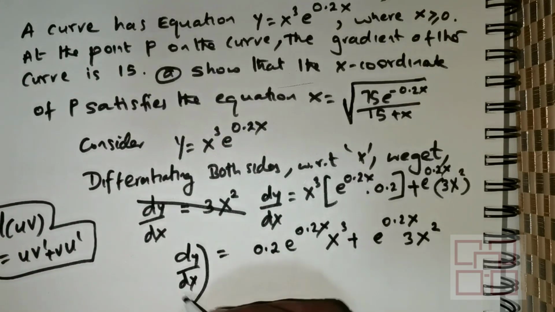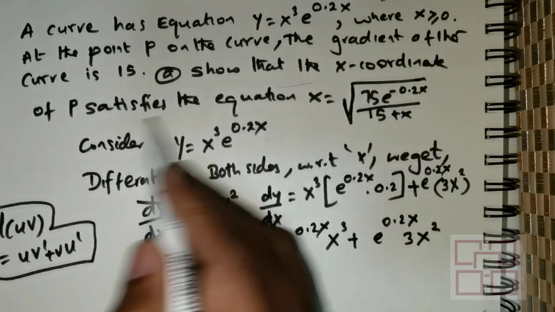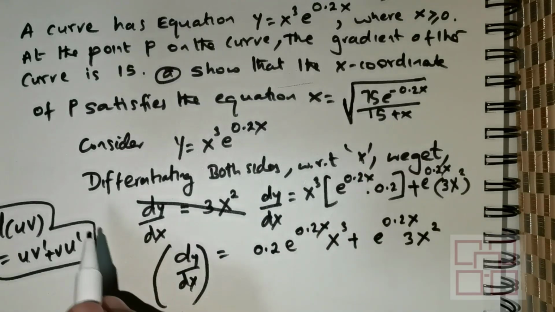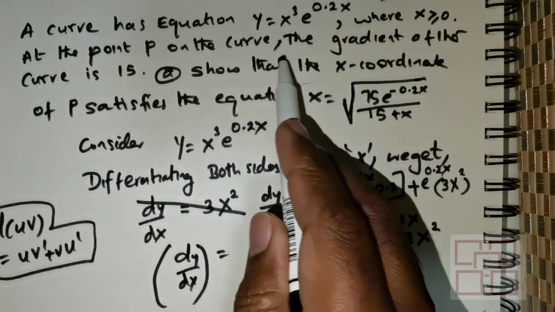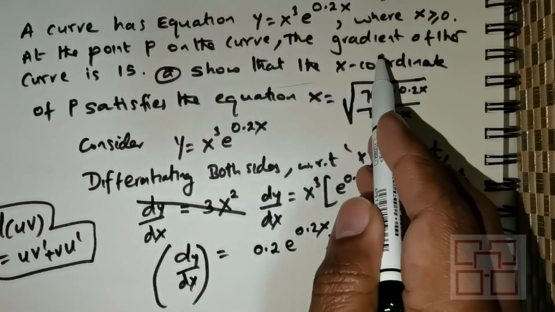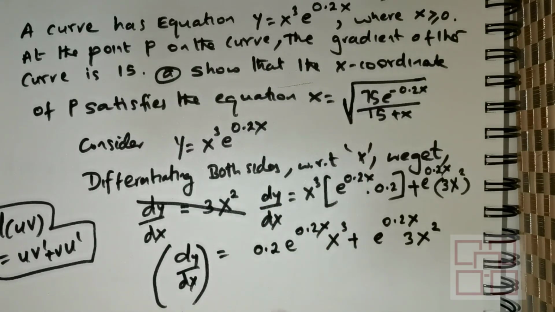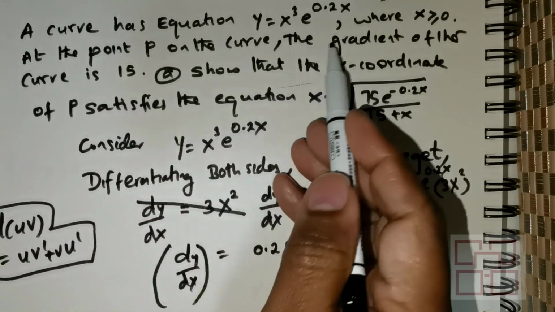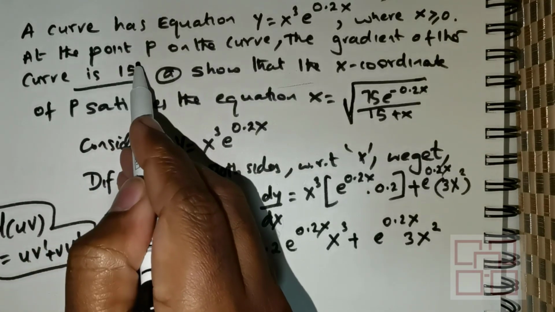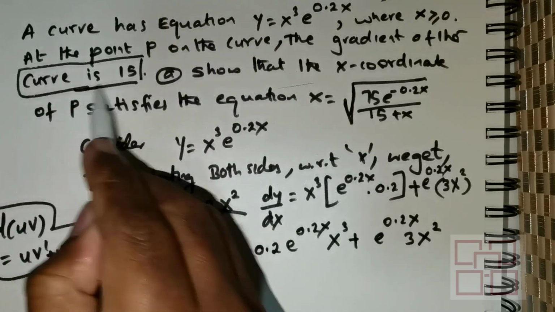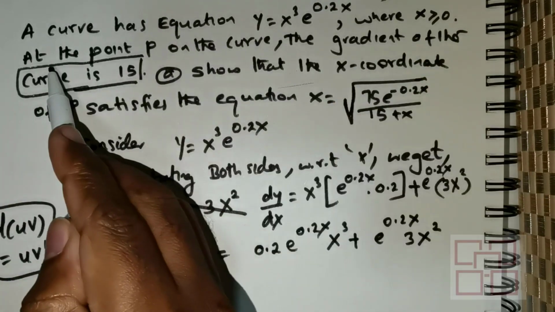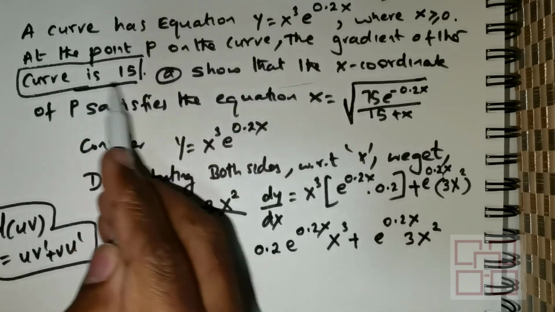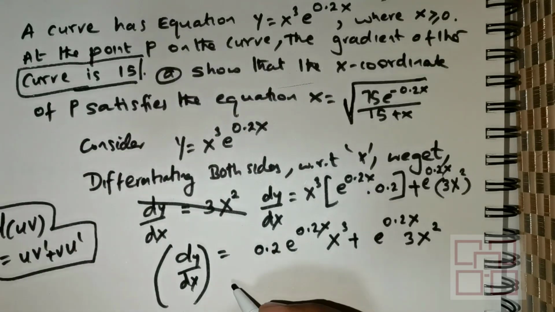Now we are asked to show that the x coordinate of P satisfies this. So what I would do is first use the gradient for this particular curve. We are given that at the point P on the curve, the gradient of the curve is 15. So we can use that quantity.